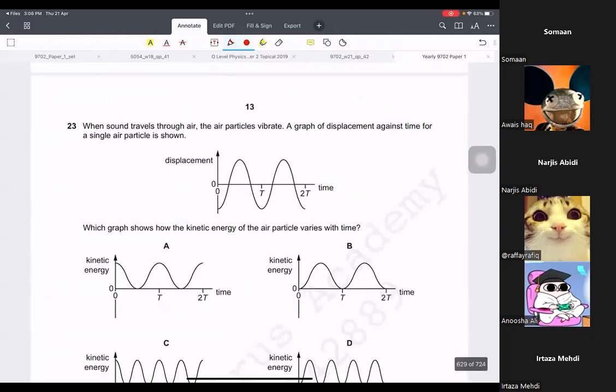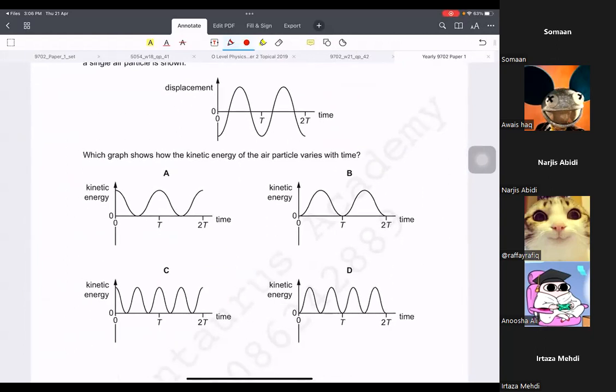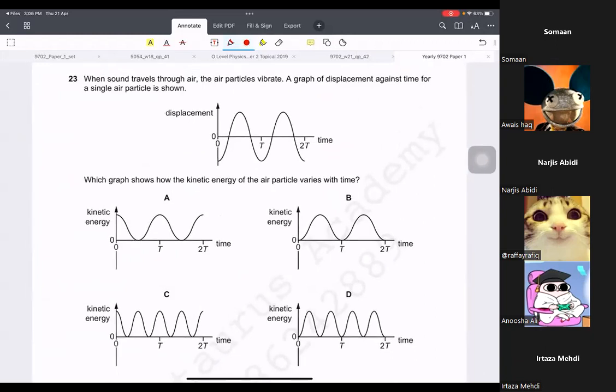Oh, finally. Relief questions. Now, which graph shows how the kinetic energy of the air particle varies? Okay, so when the displacement is maximum, kinetic energy should be 0. That I'm sure of. So it's either this one or this one. These two are wrong, 100% wrong. When the displacement is 0, the kinetic energy is maximum.